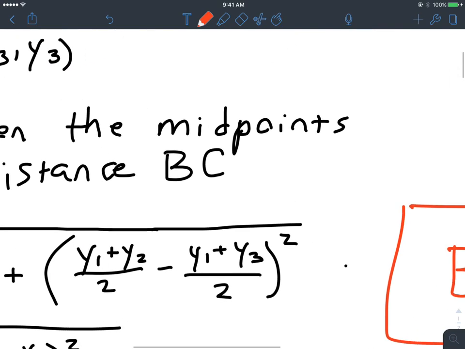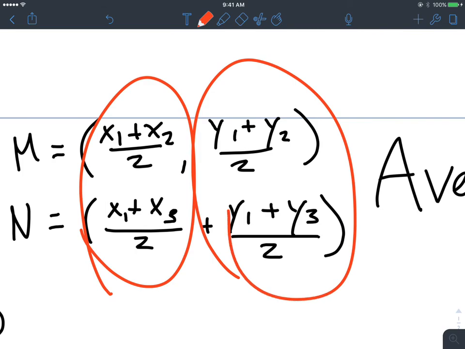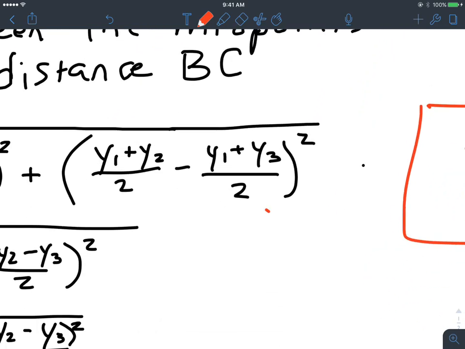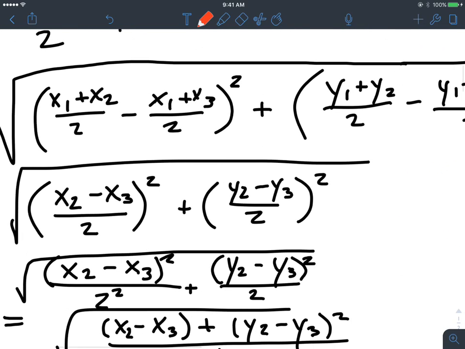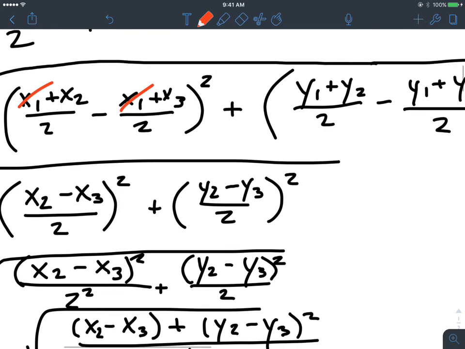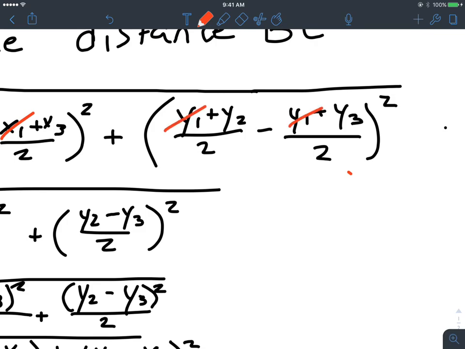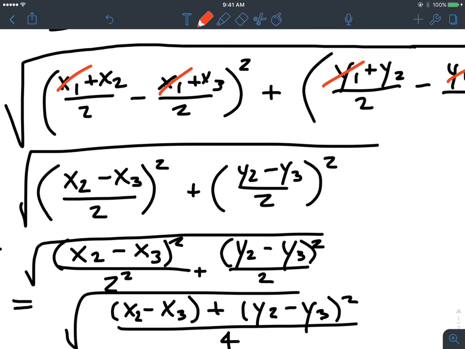Then you do all the y stuff: I took the difference of the y coordinates. Notice that if you subtract x1 from x1, those cancel out, and you're left with just x2 minus x3. Same thing with the y's: the y1s cancel each other out.